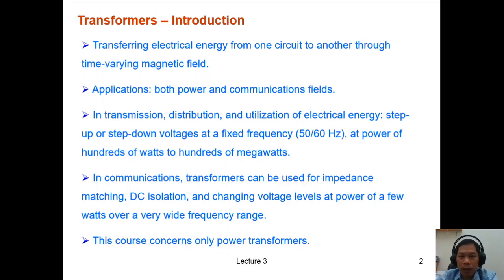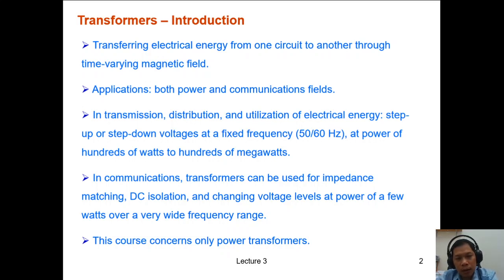The power level is from 100 watts to hundreds of megawatts. In communication, we use transformers for impedance matching, DC isolation, and changing voltage levels at a power of a few watts over a very wide range of frequency.